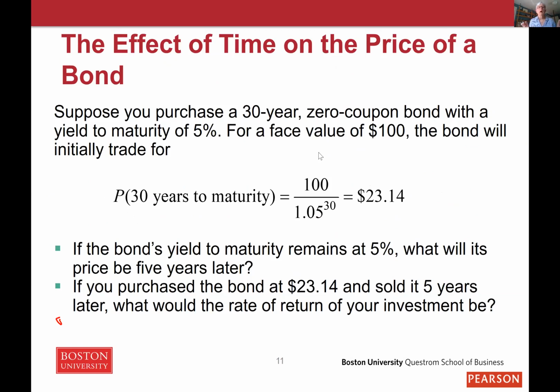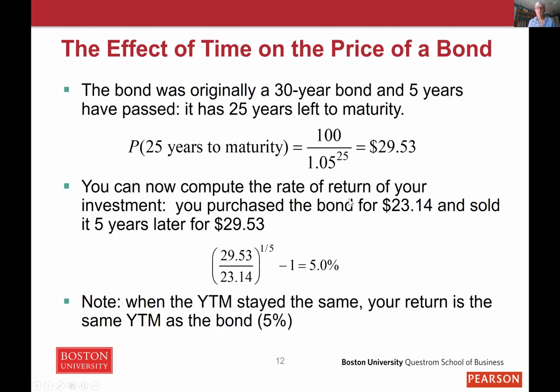There we go. So these next two slides basically walk you through what we just did. So we bought it for 23.14. And then we said, okay, if interest rates stay at 5%, what would we get for a return on our investment?